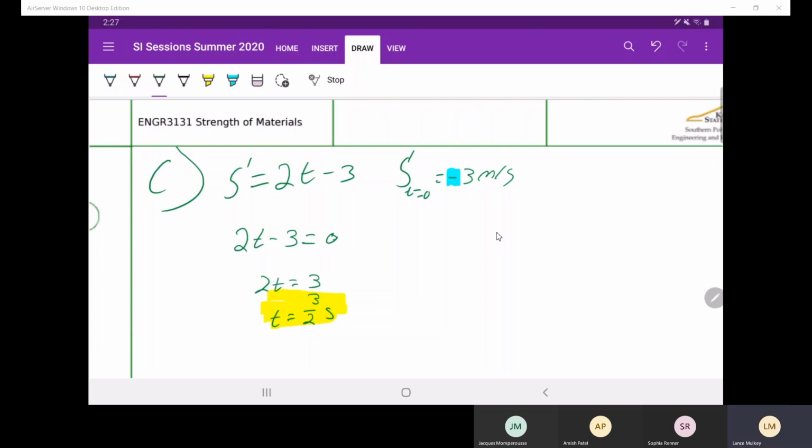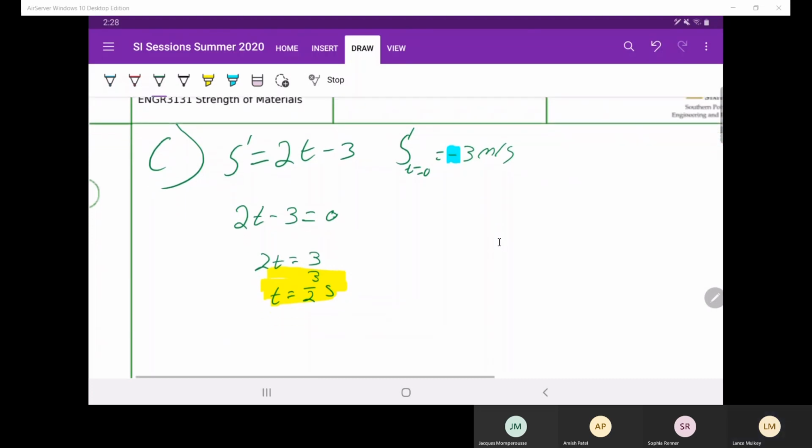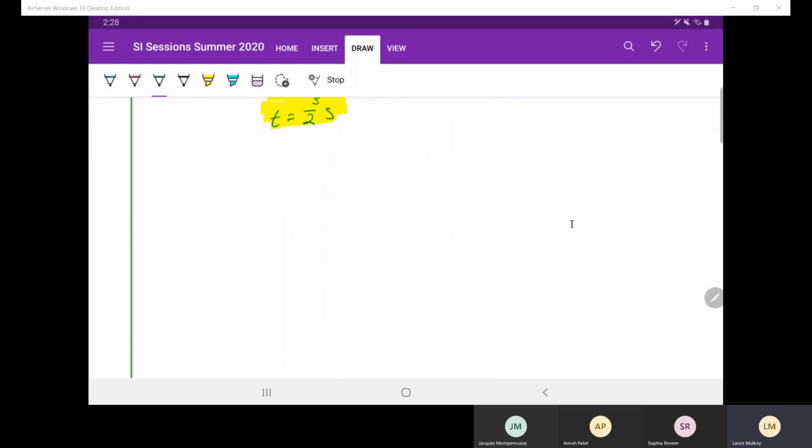I'm trying to get to the questions. I don't know how to navigate this textbook. It's stupid. All right, here's some of them.